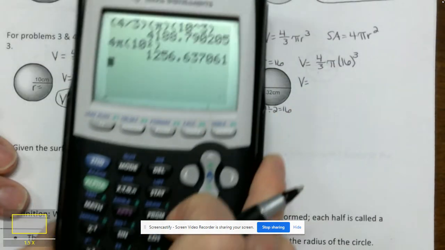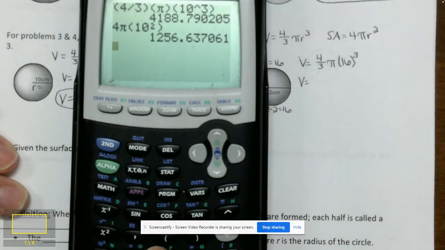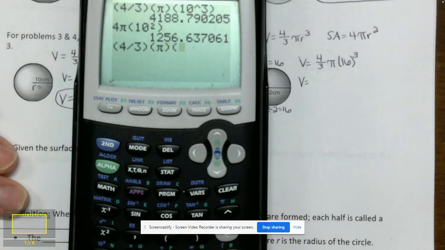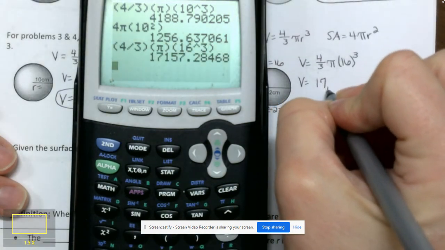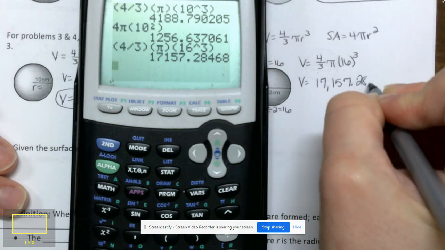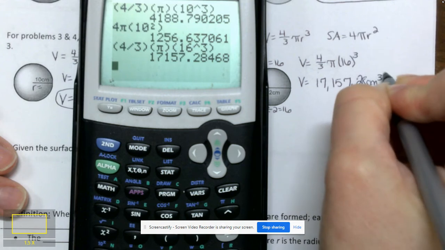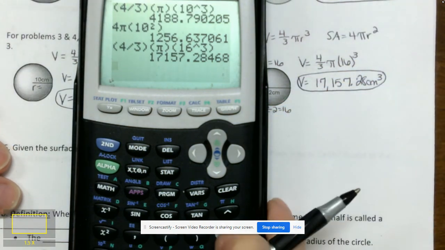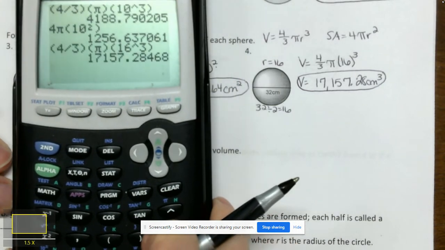It becomes a calculator problem, so we key in 4/3 times pi times 16 cubed. We get 17,157.28 centimeters cubed. That's our volume.